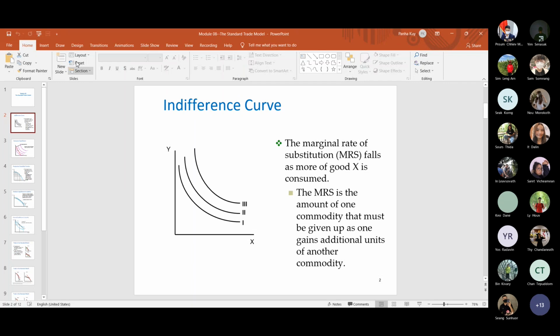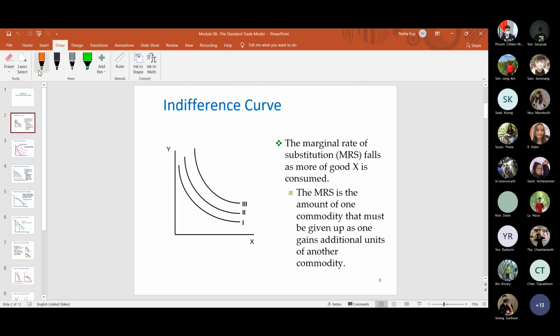For example, if you look at it very carefully, if you decide to use this amount of Y, you can use only this amount of X here. However, if you decide to reduce the consumption of Y, you can increase the consumption of X here.